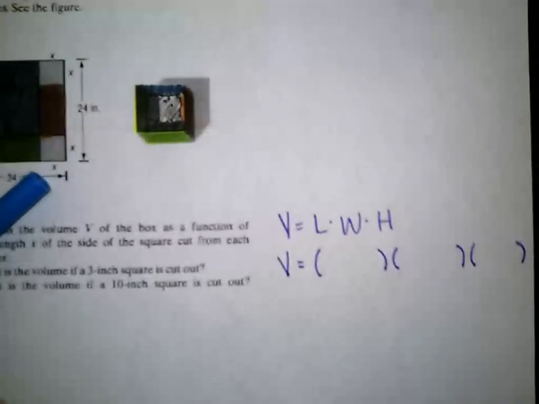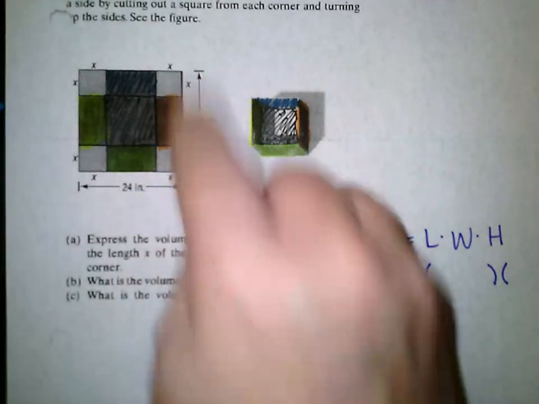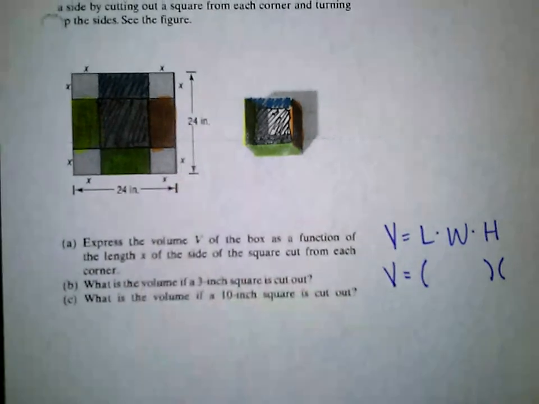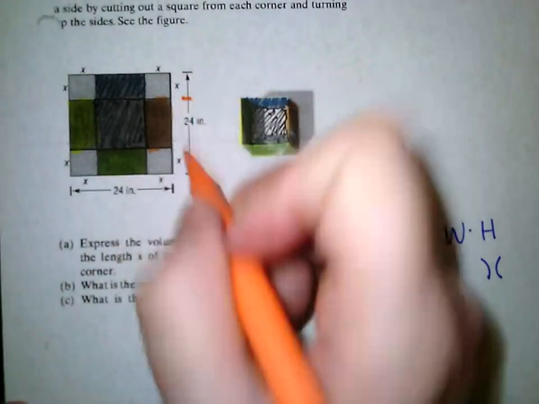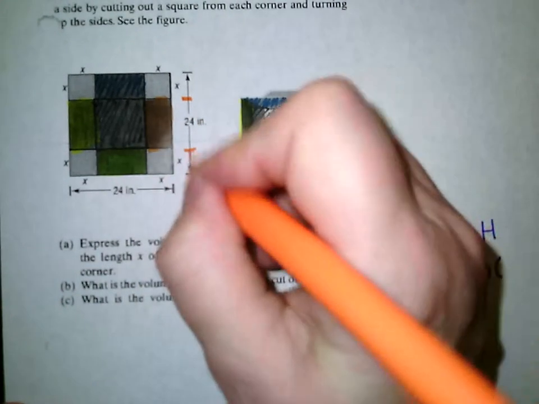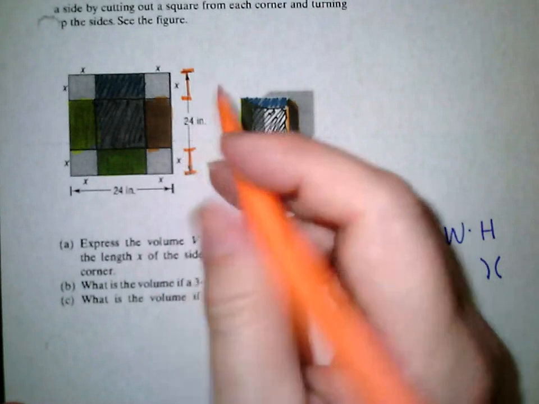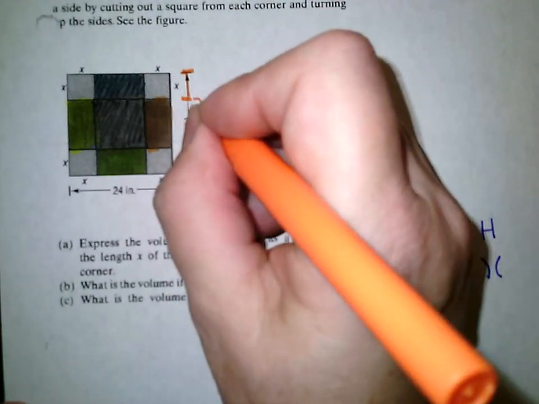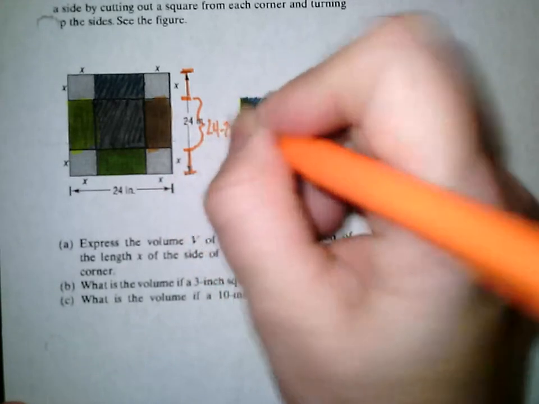But we need this to be in terms of x, which is the size of the corner that we're cutting out. So this length over here used to be 24 inches, but I'm cutting off these lengths to fold the corners up. So instead of 24 inches, this length is going to be 24 minus 2x.